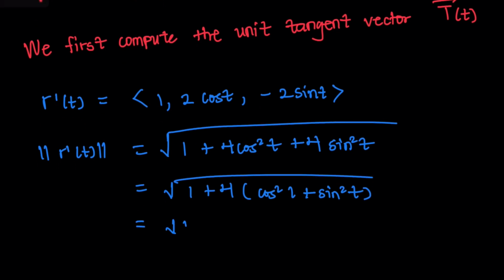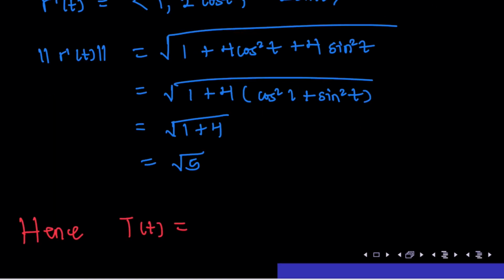So that's going to give us 1 plus 4. Our norm is square root of 5. Hence, our unit tangent vector is giving us 1 on root of 5, 1, 2 cosine of t, minus 2 sine of t.